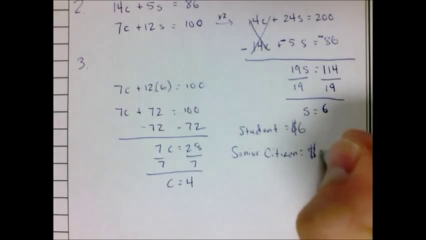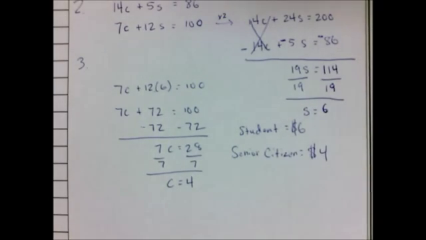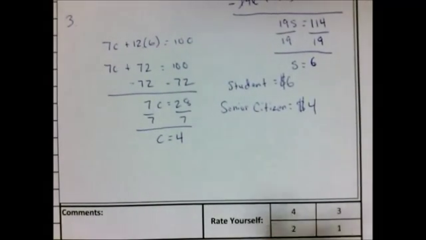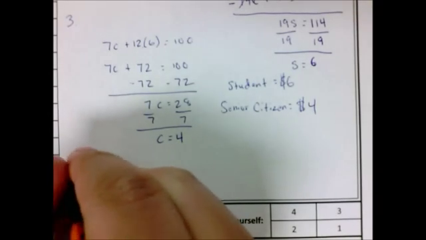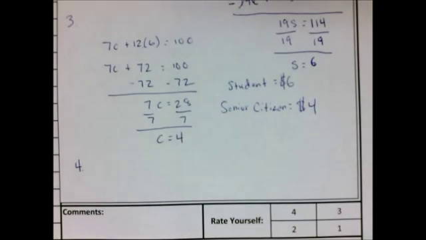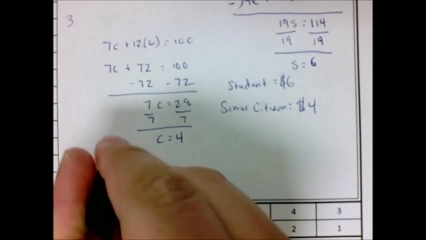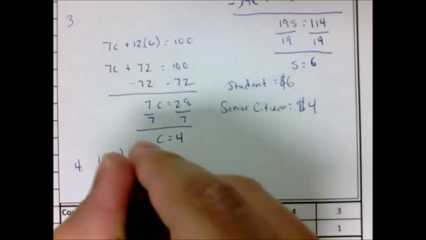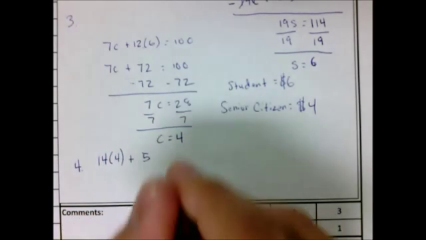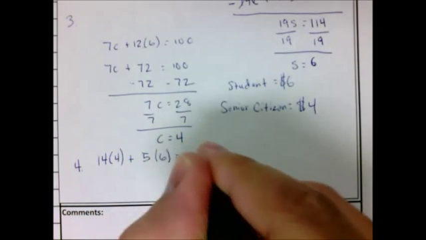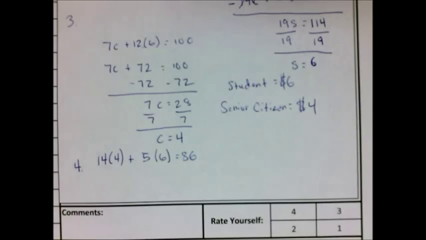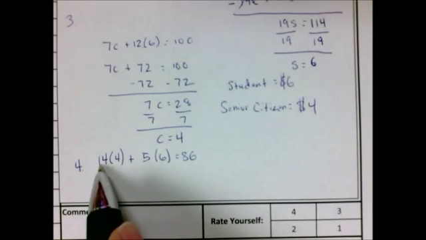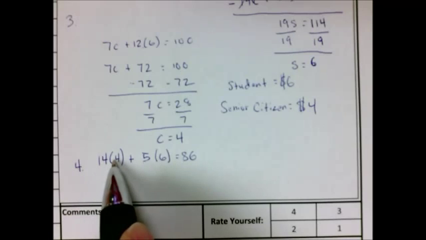Okay, and the last thing we can do here is just to check our work. So I'm going to choose one of those equations here. We're going to choose the top one this time and plug these numbers in and make sure that everything works out. So 14 times 4 instead of C plus 5 times 6 is supposed to equal 86. 14 times 4 is actually, if you do 15 times 4, that's going to give you 60, right?